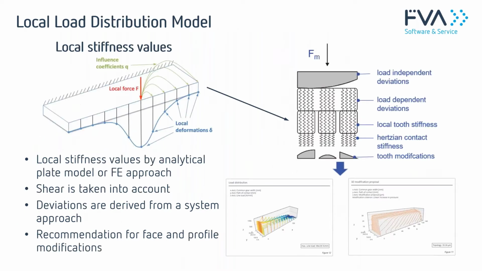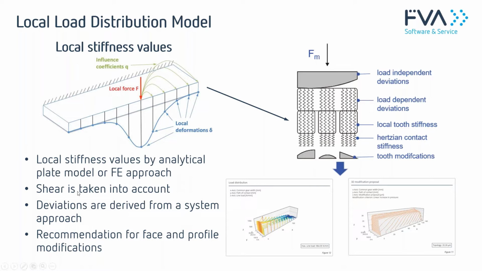Then the next step is that we do not divide the face width into different slices with different springs, but we look at the local stiffnesses on the tooth flanks along the lines of contact. So every point on the tooth flank has a different stiffness depending on the position, whether it is in the middle of the face width, or in the root or in the tip.